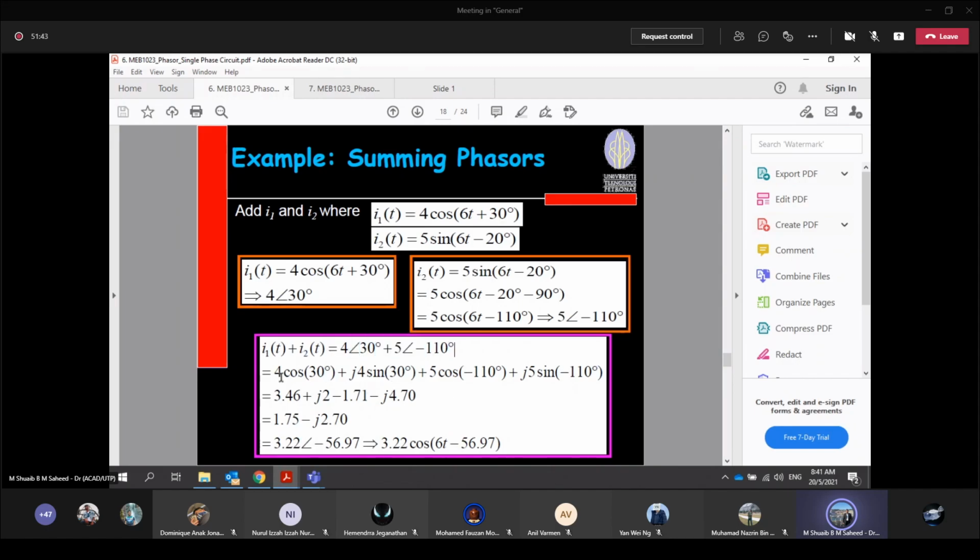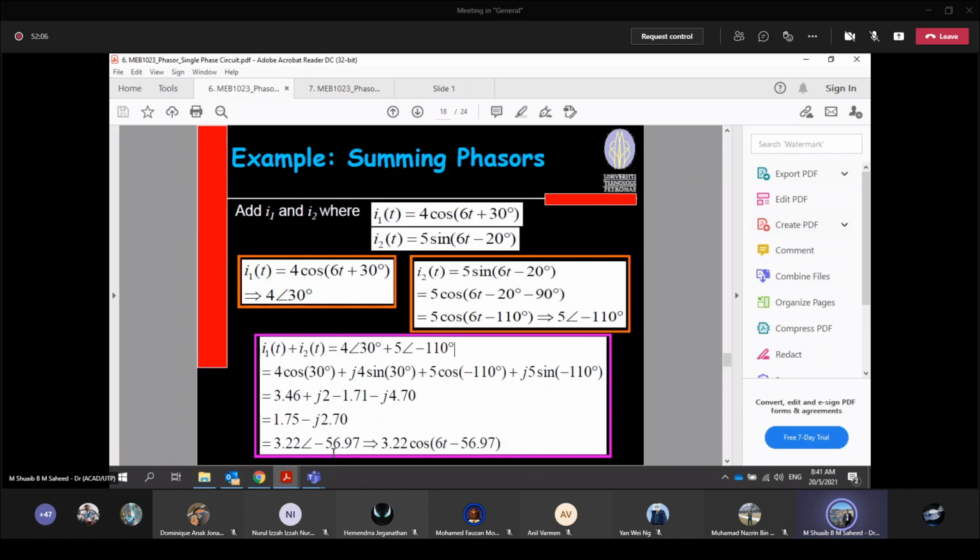So 4 cos 30 plus j 4 sin 30 plus 5 cos negative 110 plus j 5 sin negative 110. Now you have all the respective values. Arrange the real values and the imaginary values, and then you get the value.